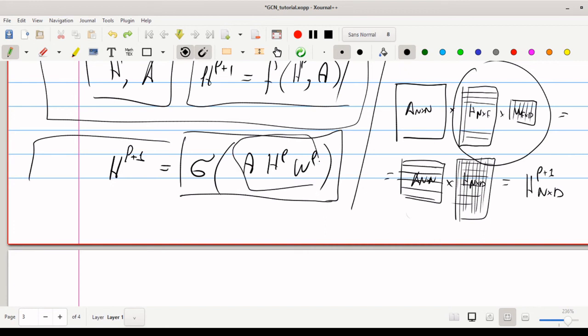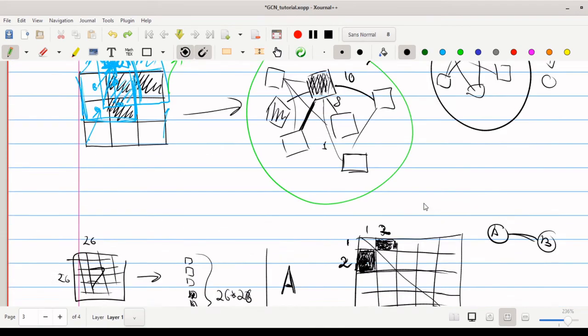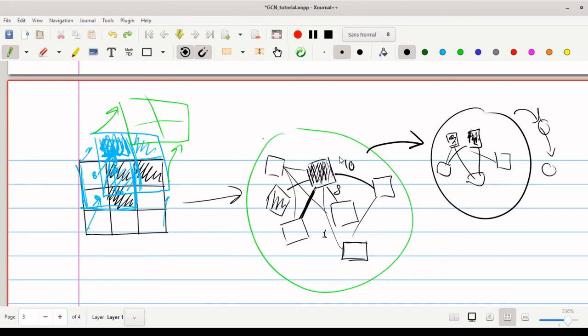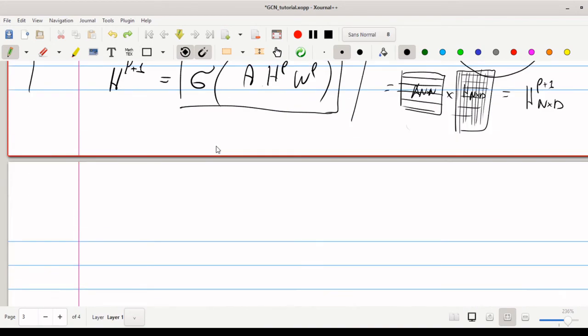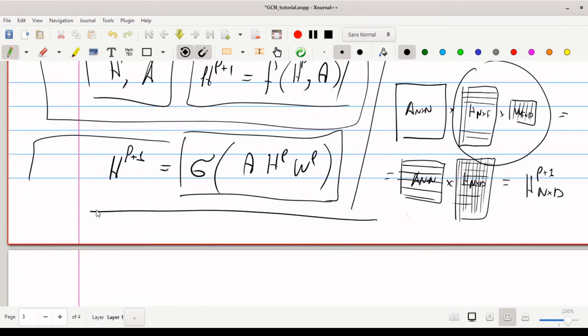That happens when we multiply those two. After that, when we multiply the result of this operation by this adjacency matrix, we're recombining the nodes by pulling the information from the neighboring nodes, and that is the key idea that we introduced. So this is what we wanted to do, and that is how we formalize it mathematically.